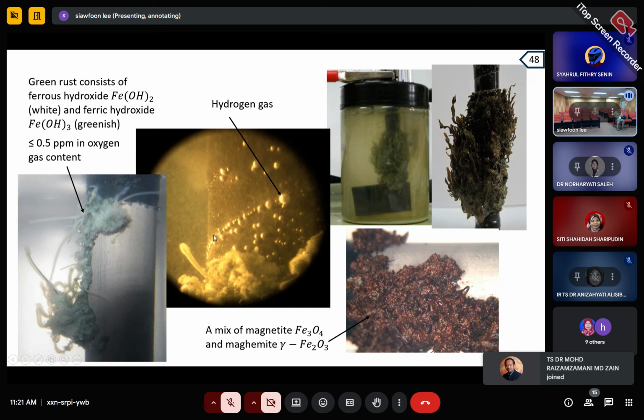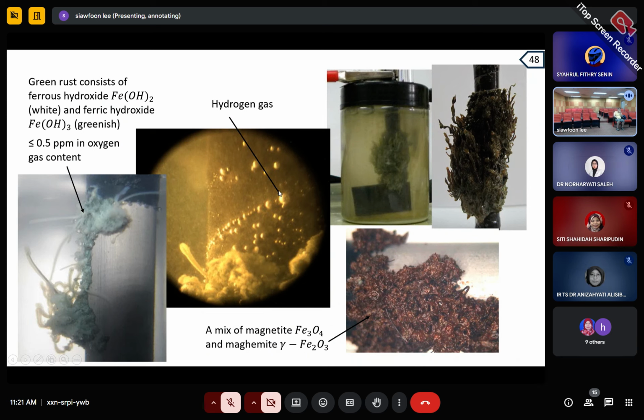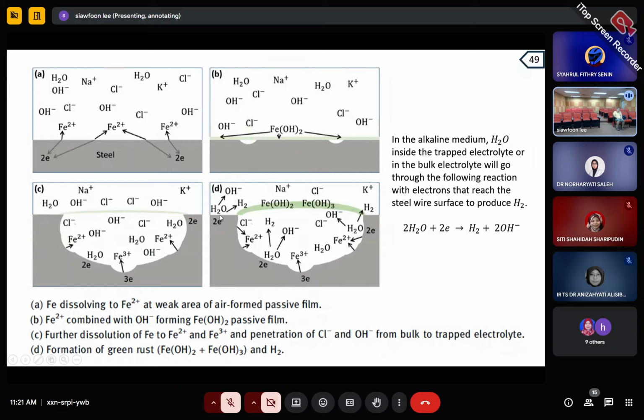Okay, and here, when I apply that potential, I see gas on the surface of this steel. Then I went through the literature review and realized it is hydrogen gas. So here I try to depict why the corrosion happened inside the concrete. At the beginning, the passive film will form.